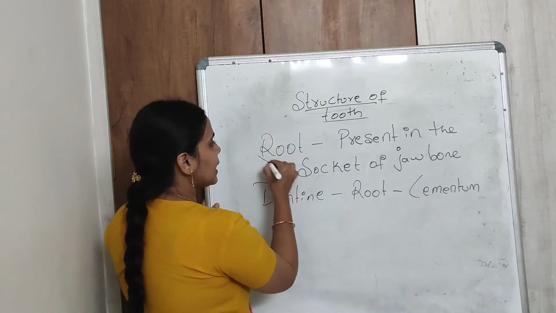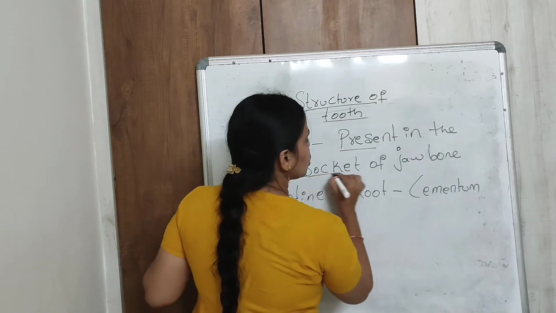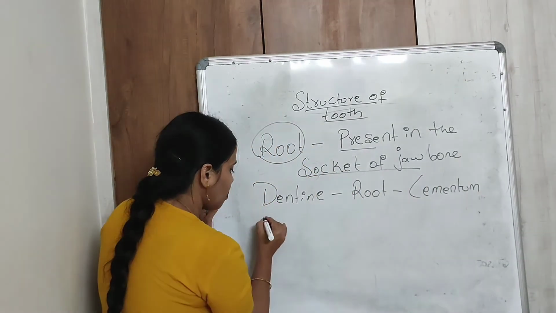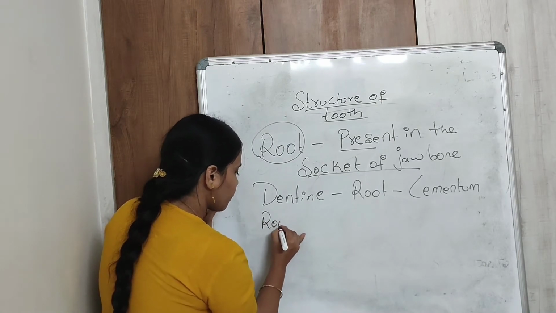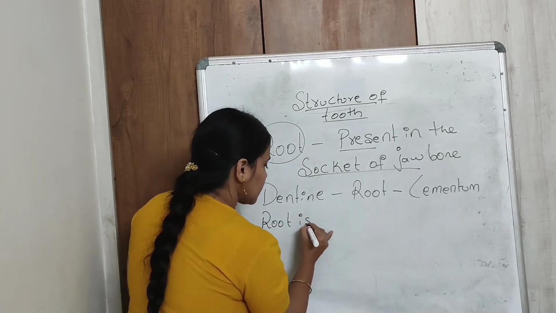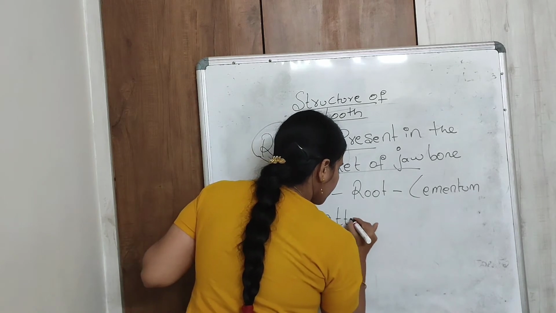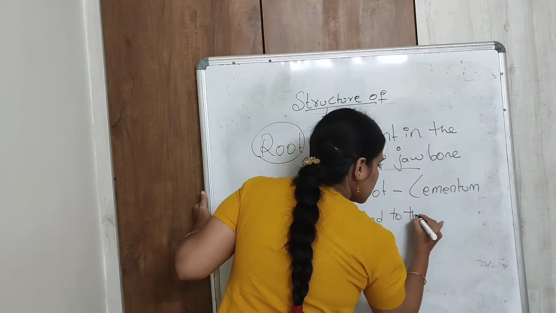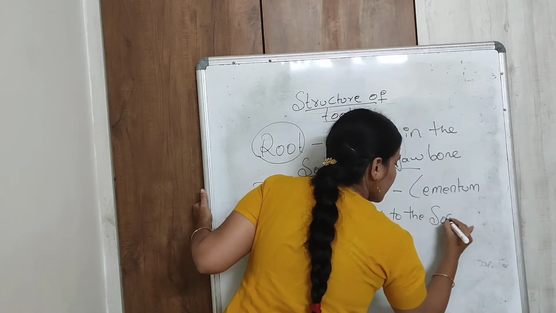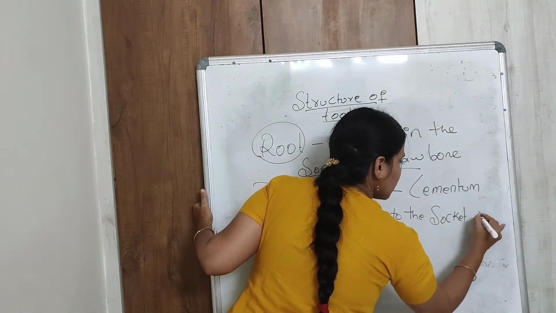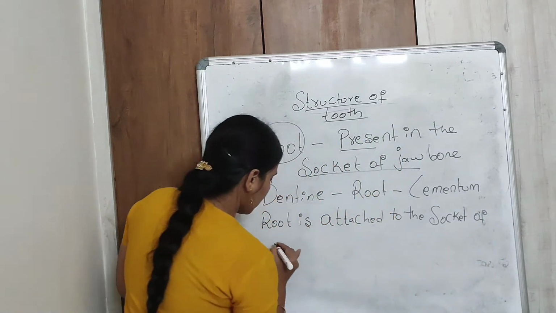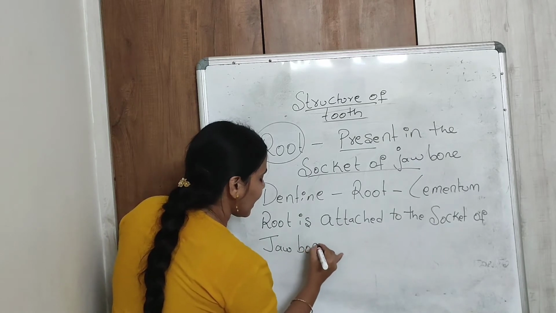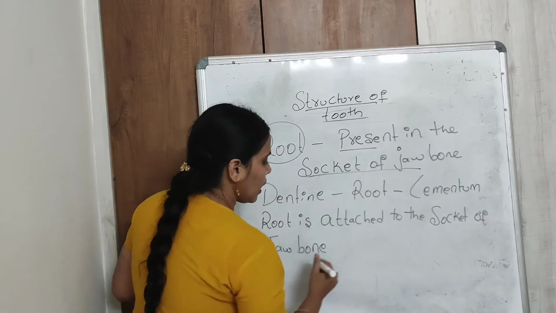How is the root attached to the socket of the jawbone?